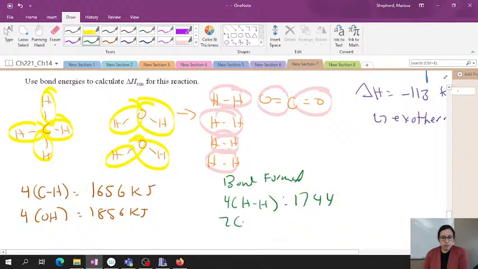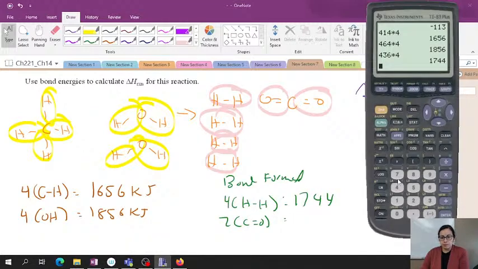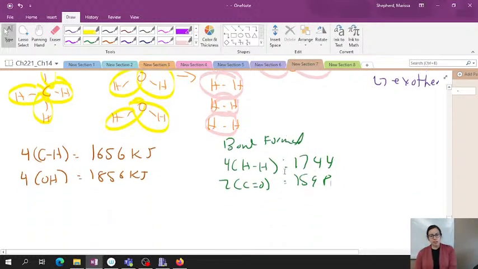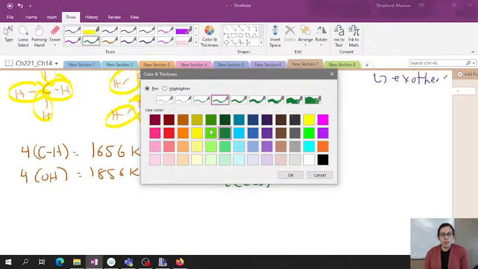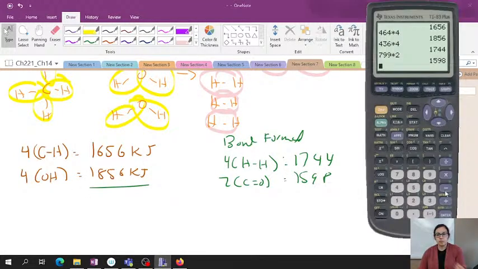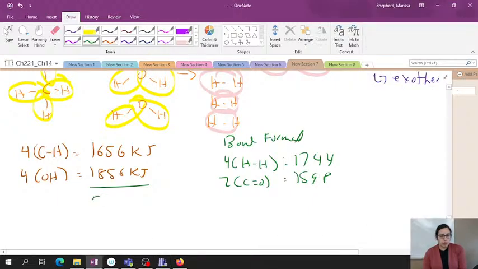And then our 2 CO bonds, using that special value, 799 times 2, which is 1598. Now we need to add these all up and then add the 2 together. I get 3,512 kilojoules were put in, so I put the positive sign there.